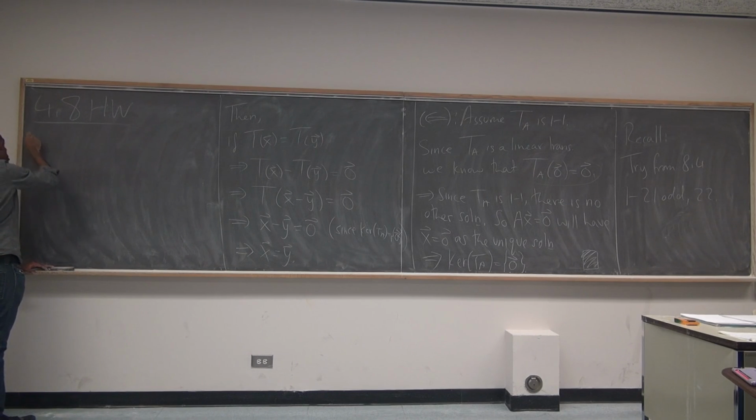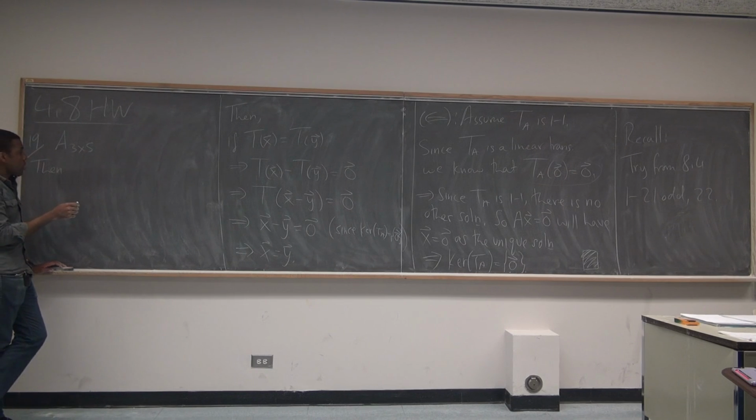Question 19. What does it say? Something about the rank. It says if A is a 3 by 5, then the number of leading ones in the reduced row echelon form of A is at most blank.